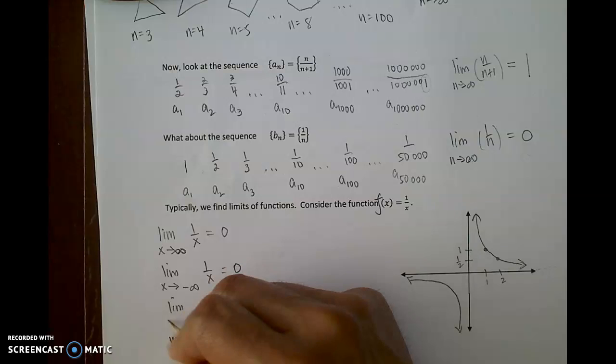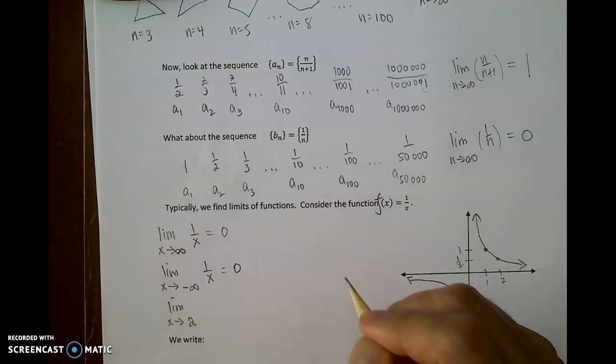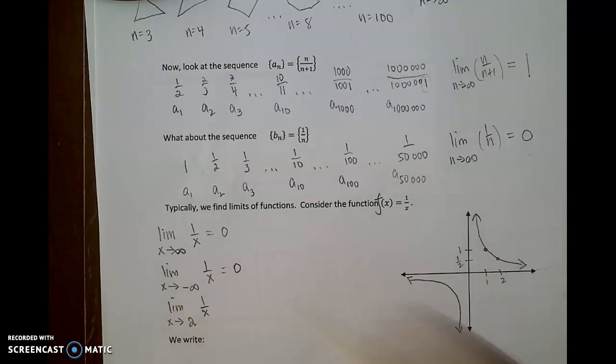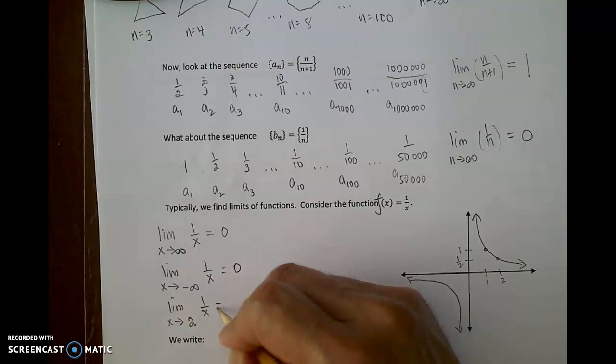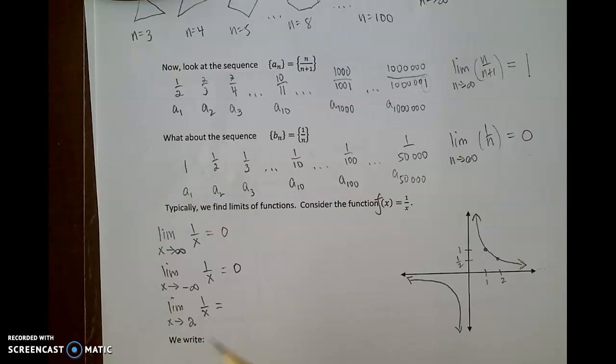Now the limit of this function as x approaches 2. We don't always have to be talking about infinity. We can approach a specific value. Here's 2 on our graph. Whether we're approaching 2 from the left or from the right, we are going to end up with the same output value.